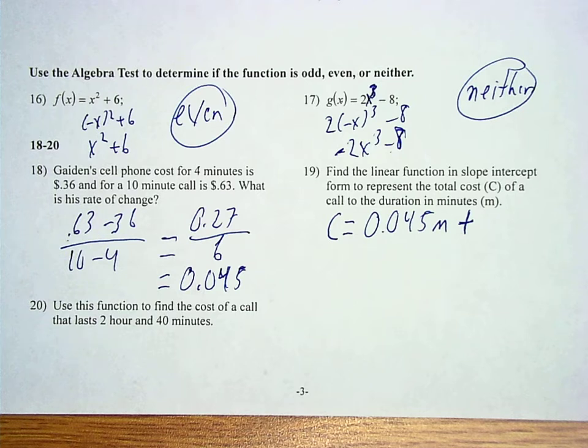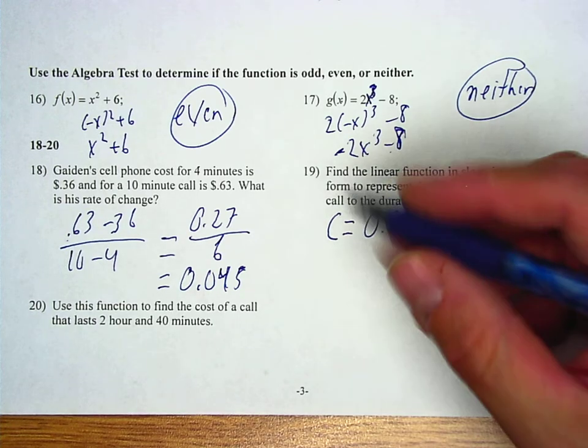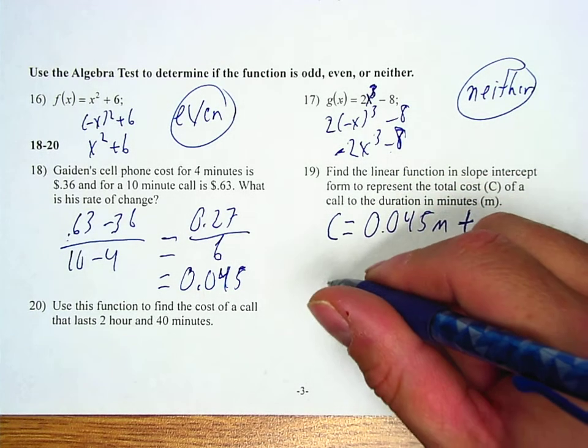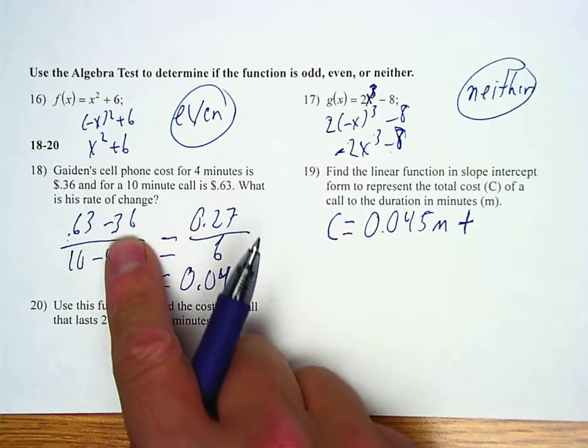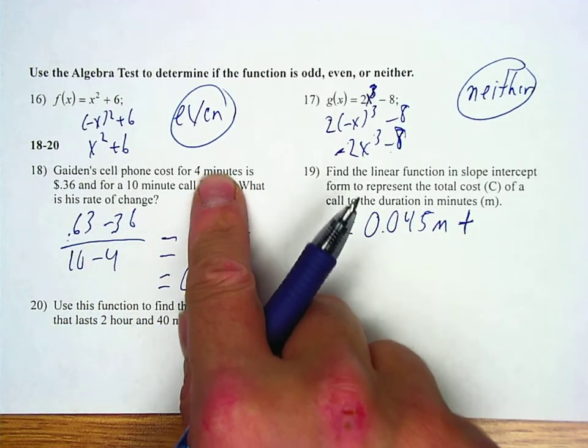So to find the y-intercept, I'm going to have to match this with a point-slope form. Either that or I do a point-slope equation and leave it in point-slope. So I have to have the money as the y and the minutes as the x.